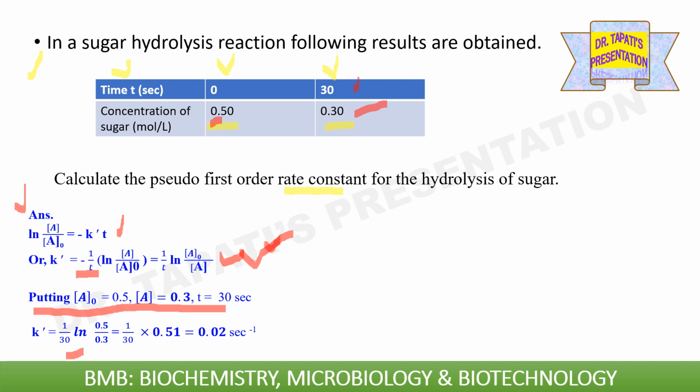So we will find K prime is equal to 1 by 30 ln 0.5, that is the value for A0, divided by 0.3, that is the value for A, is equal to 1 by 30 into 0.51. This is the value for ln 0.5 divided by 0.3.